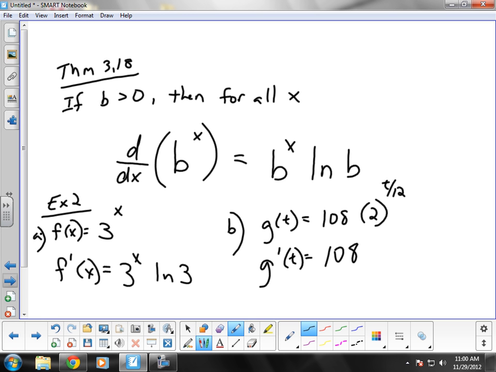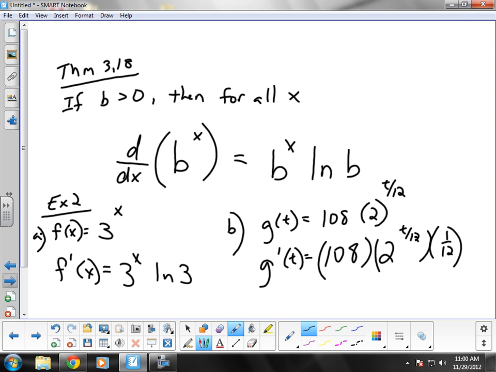Then 2 to the t over 12, but I do have a problem now because I also need to do the chain rule here, right? So I need the derivative of t over 12, which would be 1 over 12, right? Because that's just like 1 over 12 times t.